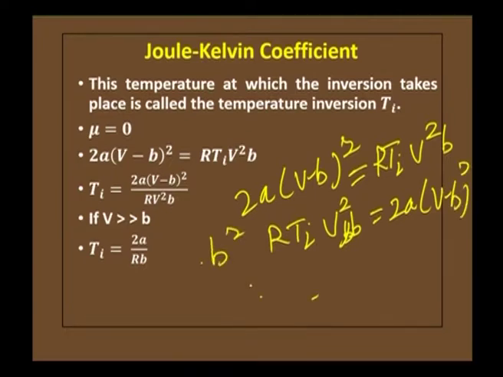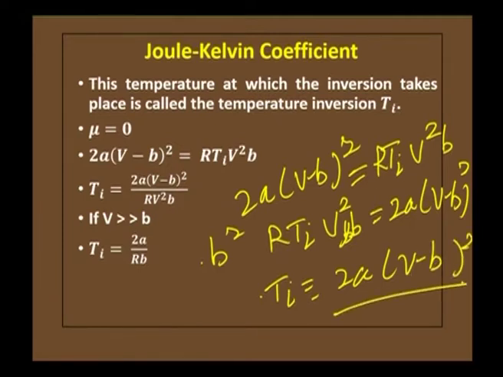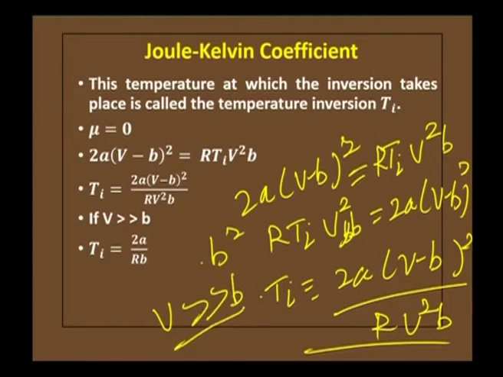From this equation, we can calculate Ti. Therefore, Ti is equal to 2A into V minus B the whole squared, the whole divided by R V squared B. So, this is called the temperature of inversion. In this temperature of inversion, if V is far greater than B, then Ti turns out to be 2A by R into B. So, this is the equation for the temperature of inversion.